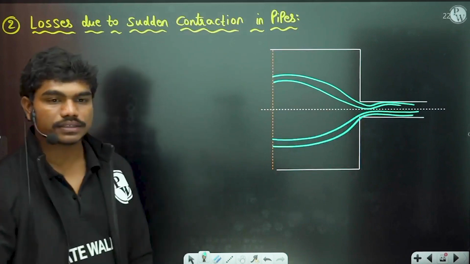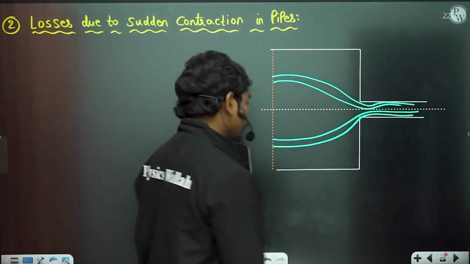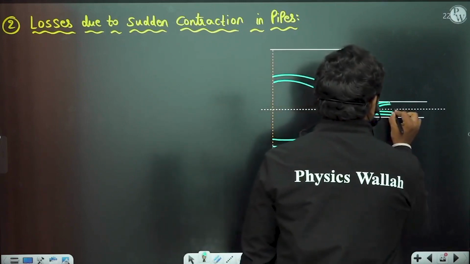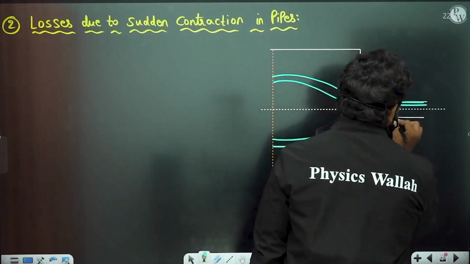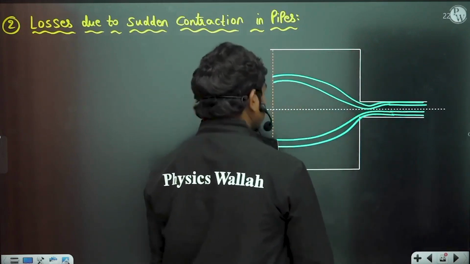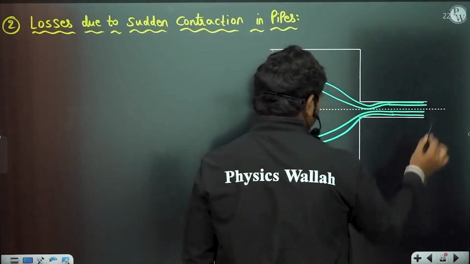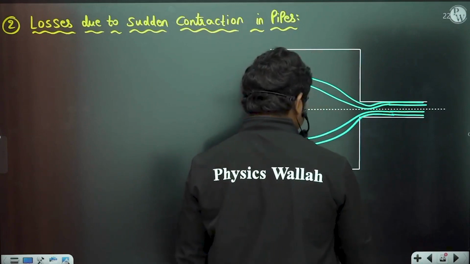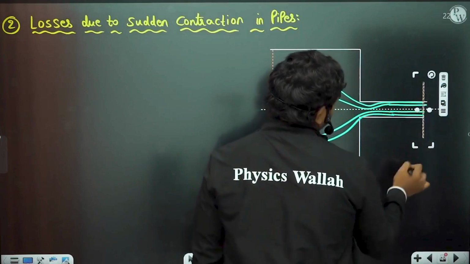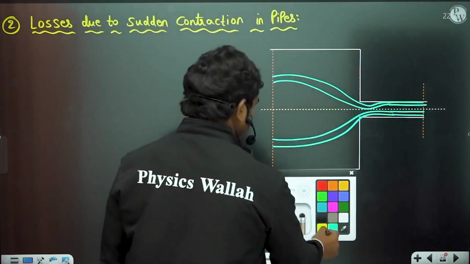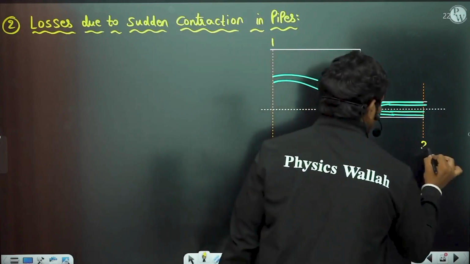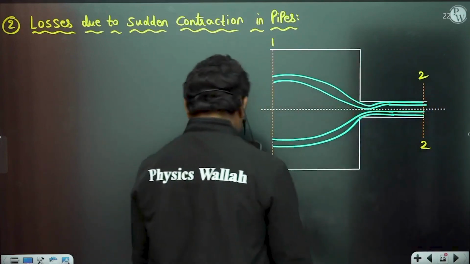So let us suppose there is a flow like this, for example. Okay, now this is one section which is here. So section 2 at this point. Okay, so this is section 1 and section 2.